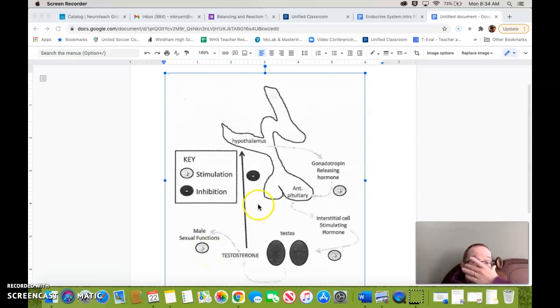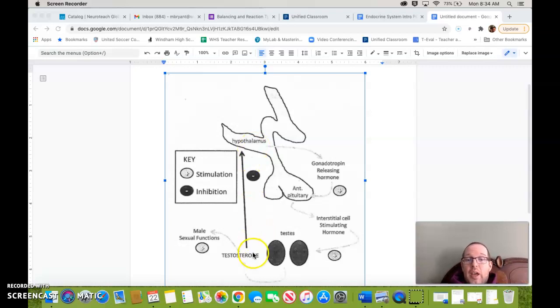So, here's where the negative feedback loop comes into play. If we have enough testosterone to bring about the changes that happen during puberty, to produce healthy sperm, to make sure that a male is ready to reproduce, then the amount of testosterone that's present in the bloodstream actually sends a signal back to the hypothalamus, which inhibits the release of further hormones.